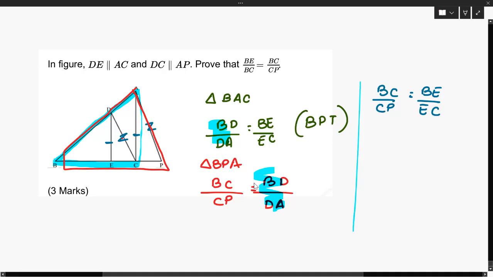Is it proved? BE upon BC is equal to BC upon CP.